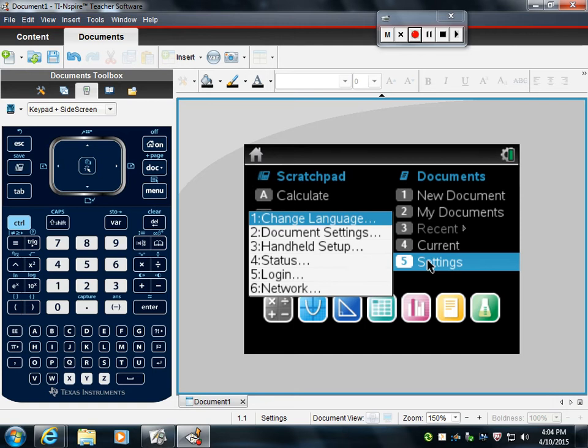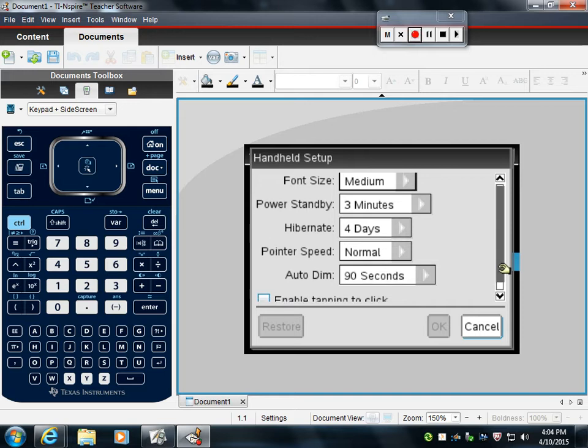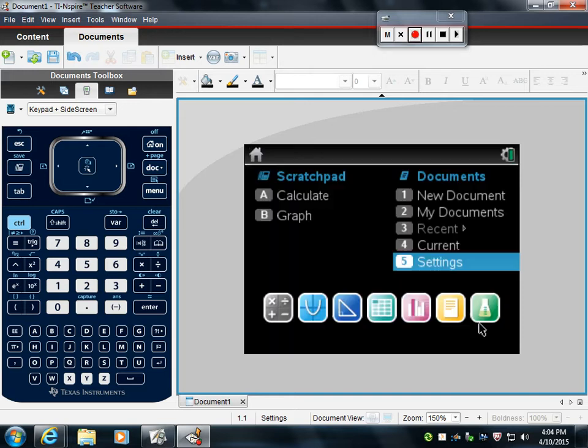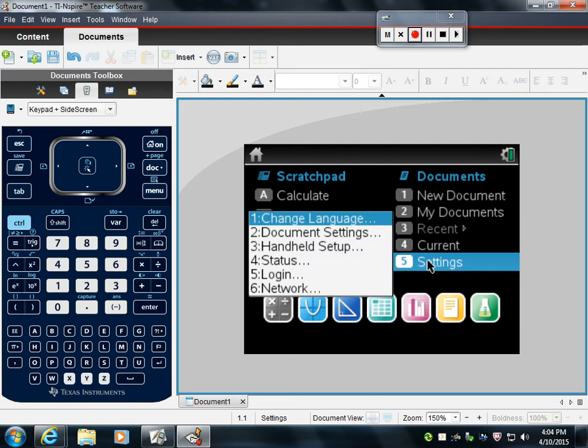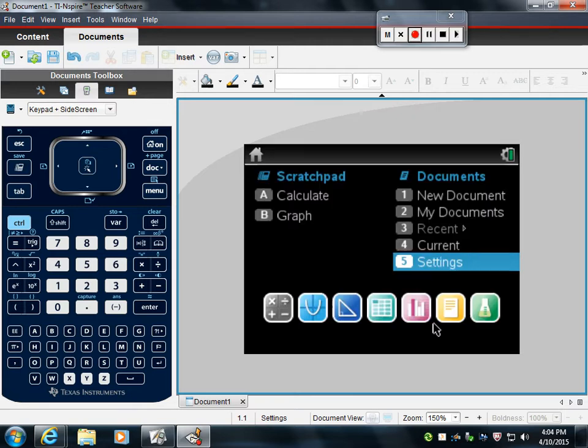Go to document settings. Here we go. We want to change this angle measurement to degrees. The default is radians, and we'll talk about what a radian is later on. So we want to make sure the angle is in degrees. Hit OK on that.